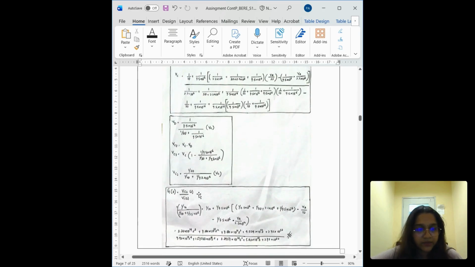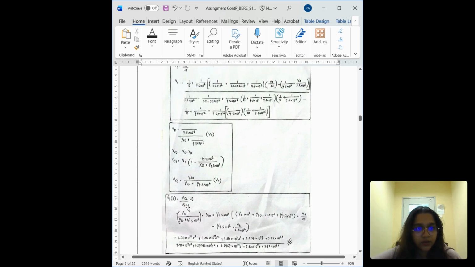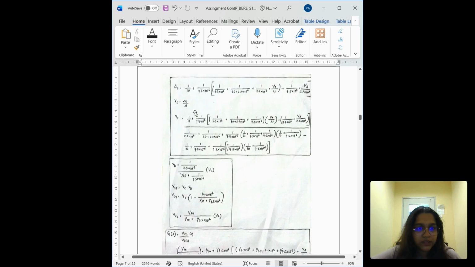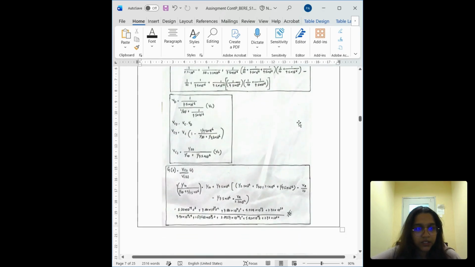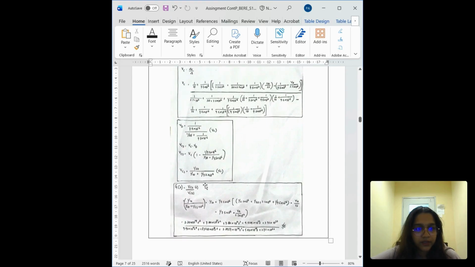So since now we have VC2 and VI, we can just substitute the values in. So for the VC, this is the VC equation divided by the VI.